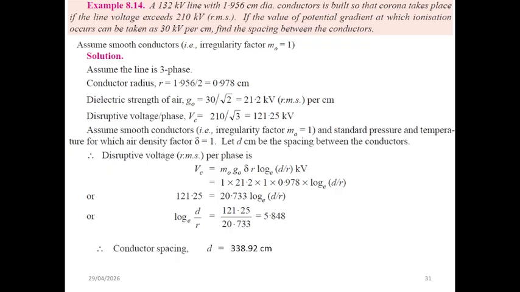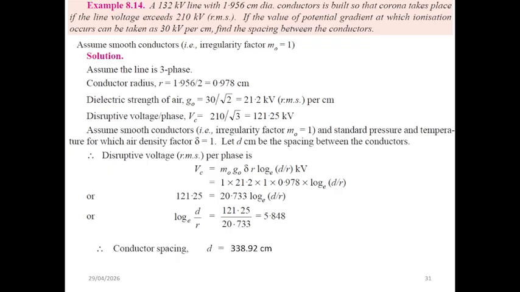Using the disruptive critical voltage formula for corona, the relationship between voltage, conductor radius, and spacing is established. Substituting the known values into the equation gives the logarithmic term ln d over r equal to 5.848.